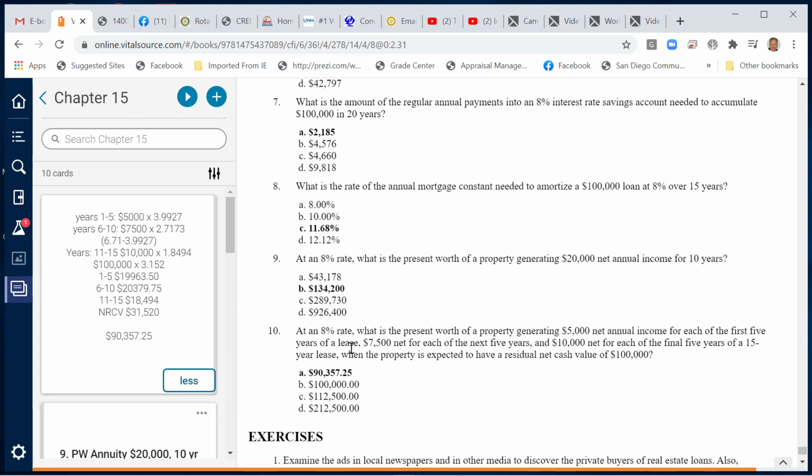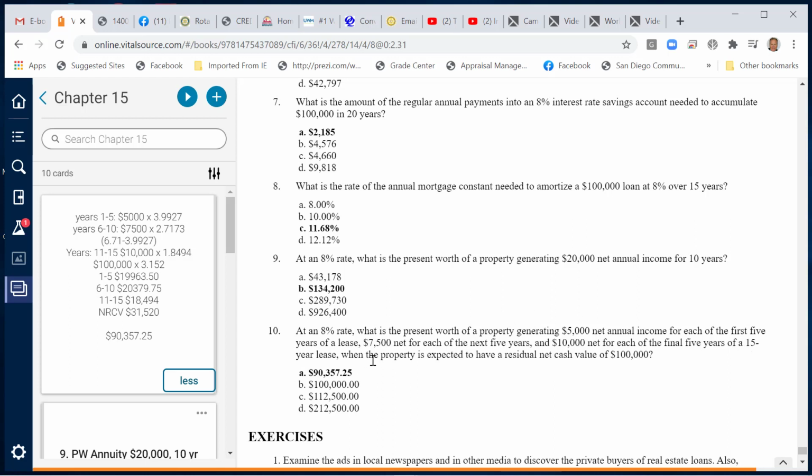Question 10. At an interest rate of 8%, what's the present worth of a property generating $5,000 net annual income for each of the first 5 years, $7,500 net for the next 5 years, and $10,000 net for each of the final 5 years of the 15-year lease?